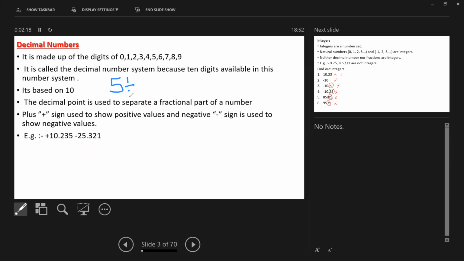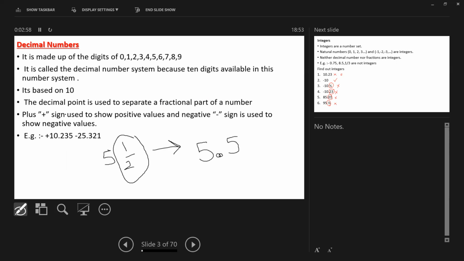If you consider 5.5, this half mean, it's not displaying for you, is it? Just think 5. Okay, 5.5 is there. So half is the fraction part. This fraction part we can represent as 5 decimal point 5.